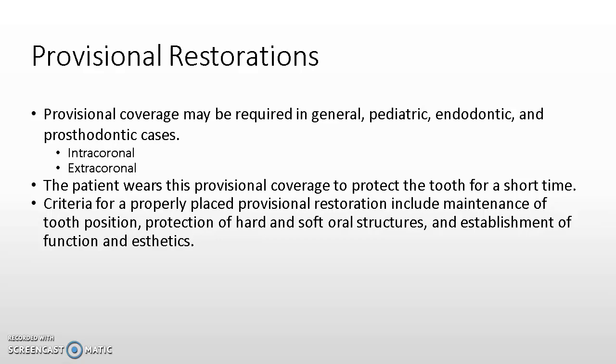And there's a couple different examples here, intracoronal and extracoronal cases. The patient wears the provisional coverage to protect the tooth for a short amount of time. The criteria for a properly placed provisional restoration includes maintenance of the tooth position, protection of hard and soft oral structures, and to establish function and aesthetics for the patient.